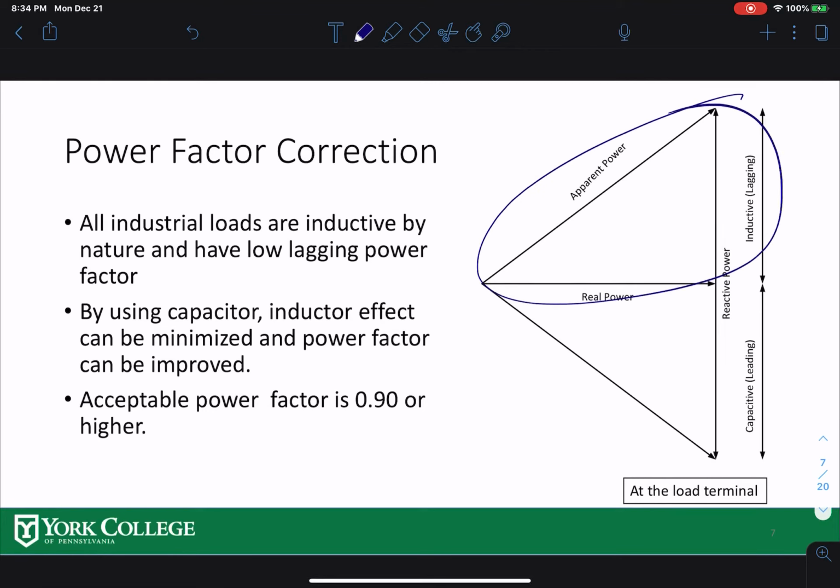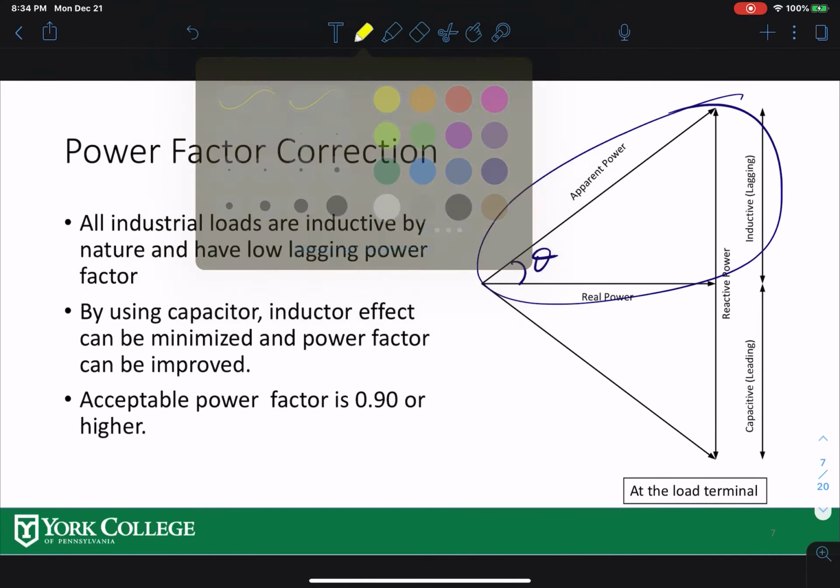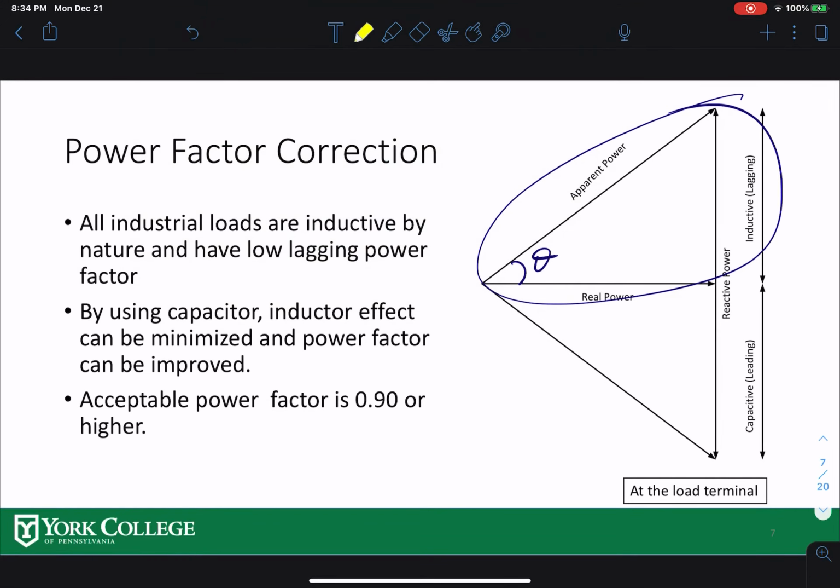So this is what the natural load looks like. The goal of power factor correction is to bring this angle as close to zero as possible. I1, this is the new angle over here after correction.